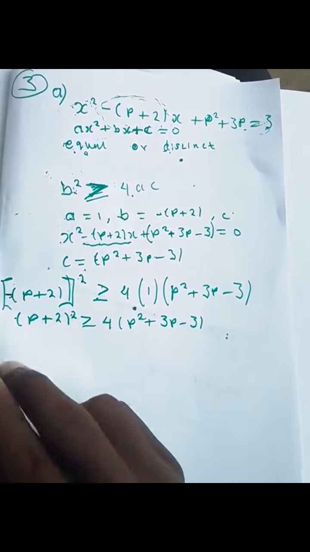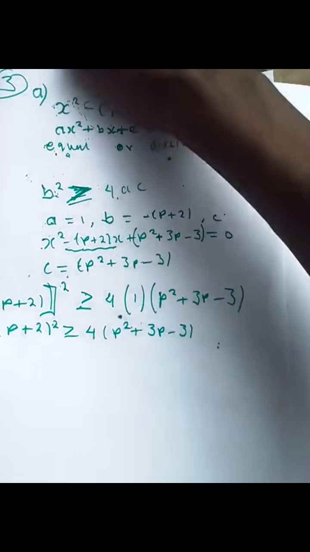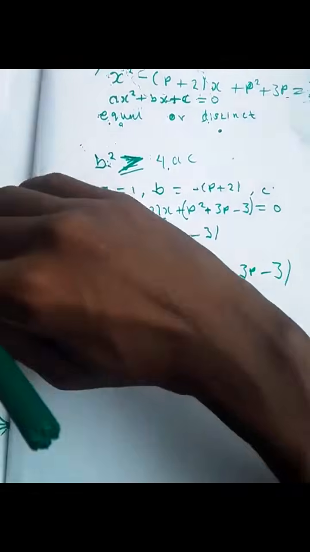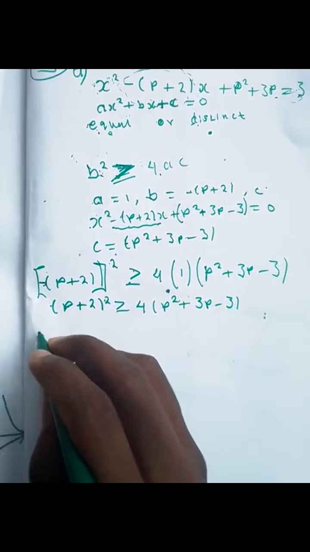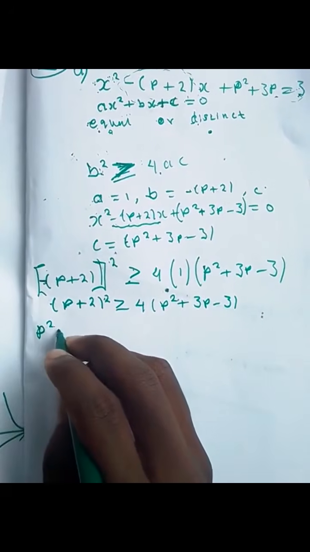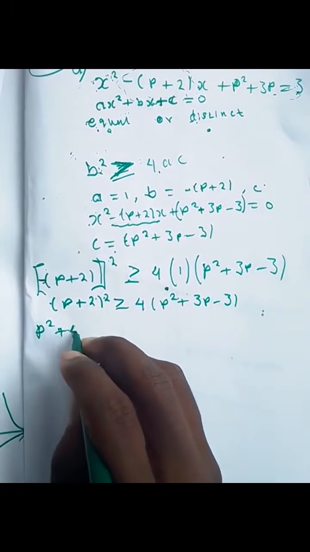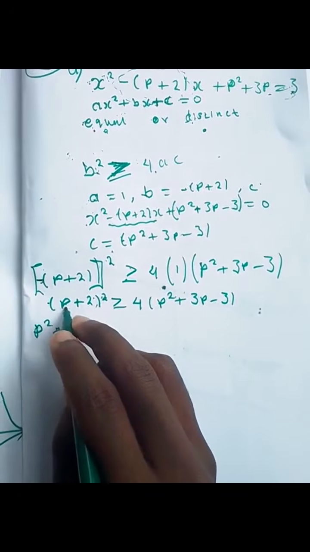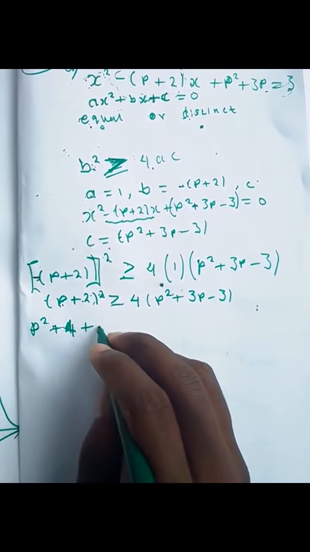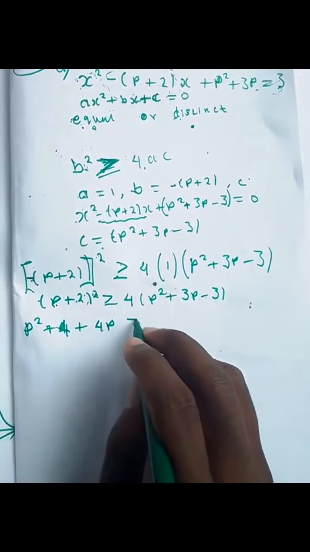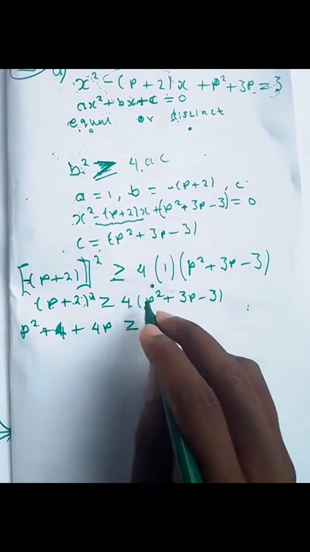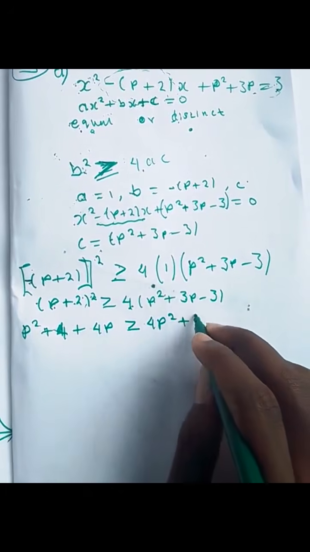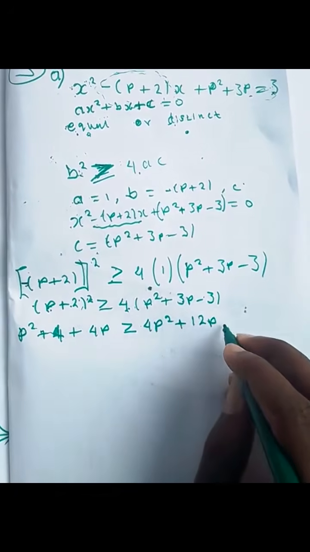So now let's expand this side. I'll use the shortcut of expanding, which is I raise this to the power of 2, p power 2, plus this to the power of 2 is 4, then plus 2 times p, 2p, 2p times 2, that is 4p, greater than or equal to 4 times p power 2 is 4p power 2, plus 4 times 3p, it is going to be 12p. 4 times this is going to be negative 12.